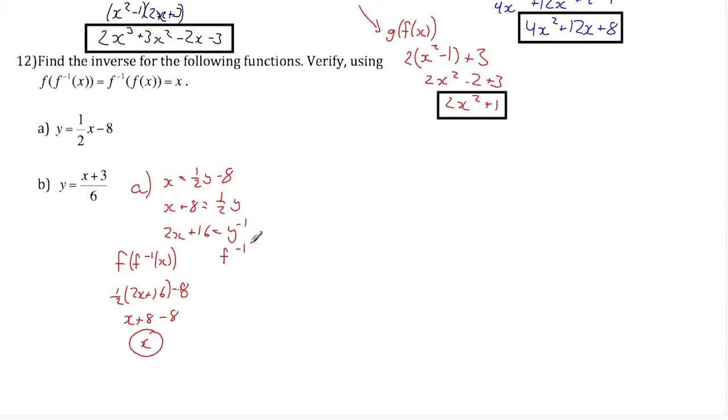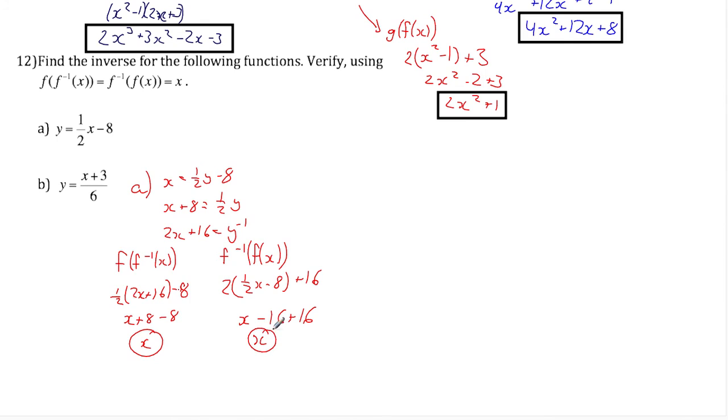And then we want to have the inverse of f of x. Which means we take the inverse, which is 2x plus 16, and we put in the original function for x. So here we're going to have x minus 16 plus 16.